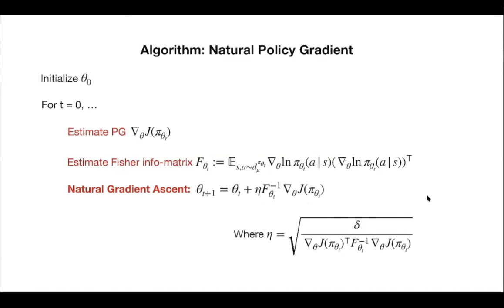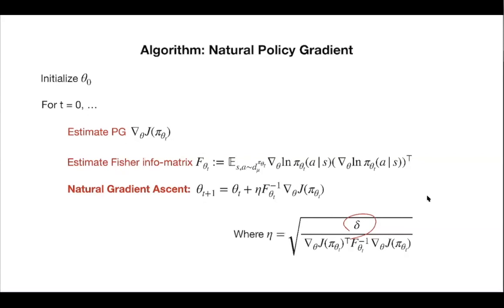This is pretty nice in the sense that instead of tuning the learning rate, which really doesn't have that much meaning, we should tune the trust region because that has some meaning. This is the KL divergence between two distributions. If you just tune the learning rate inside the parameter space, that doesn't really tell us anything, because in parameter space you can scale it, you can rotate it, you can apply any linear transformation.